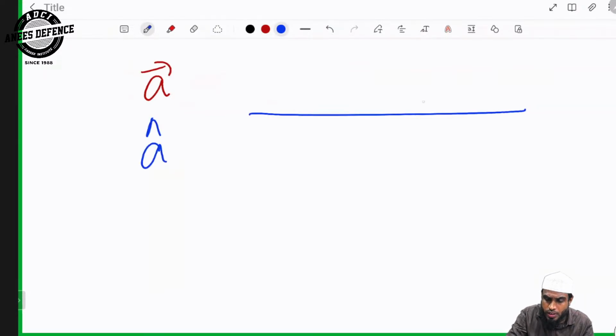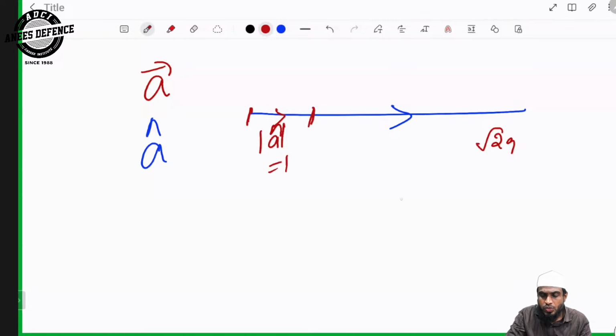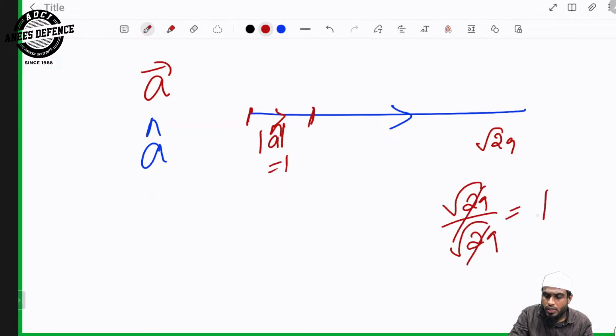For example, A is the actual vector and A cap is the unit vector. If A is this vector and its length is root 29, then the unit vector can be represented like this. This is A cap. Magnitude of A cap is equal to 1, and magnitude of A is equal to root 29. So if this root 29 is divided by root 29, you will get 1.